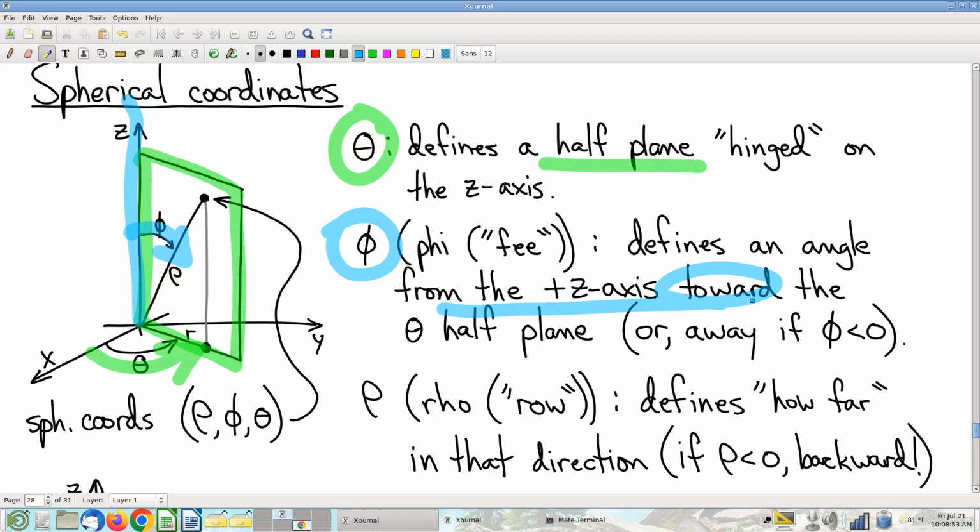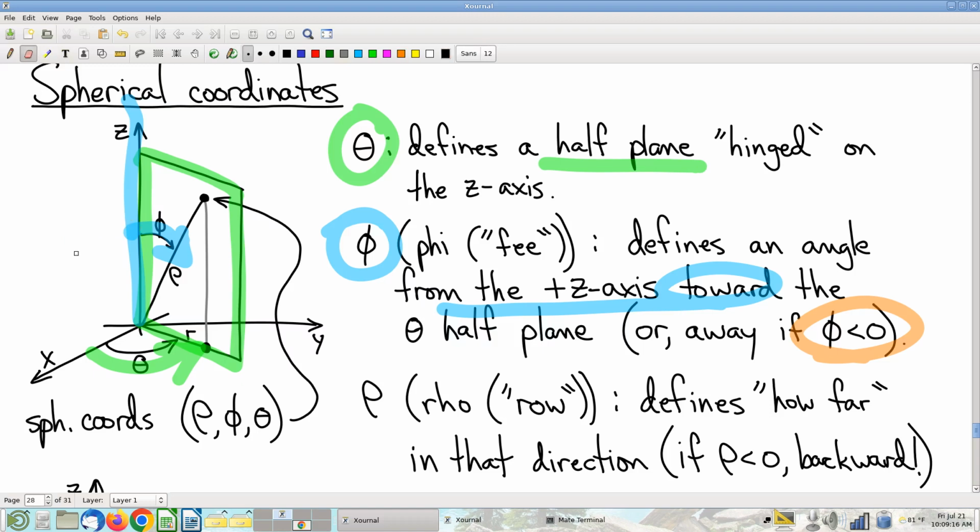So it's very important. Positive values of phi go toward. Now, it could be negative. Phi could be negative. Fine. If phi is negative, all that means is backwards away from the theta half plane. Is that all cool? Is everybody happy with that?